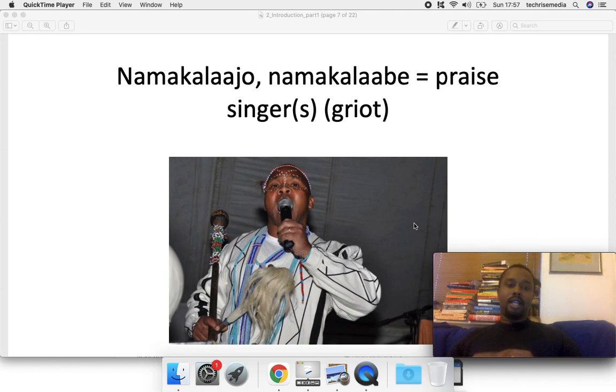So these are namakalajo or namakalabe, right? If you break it down, it's nama kalabe or kalajo, right? So it's again the jaw and the be. So it's praise singer or griot, right?